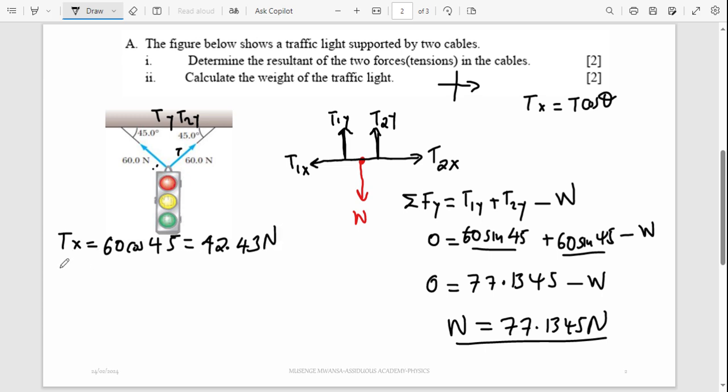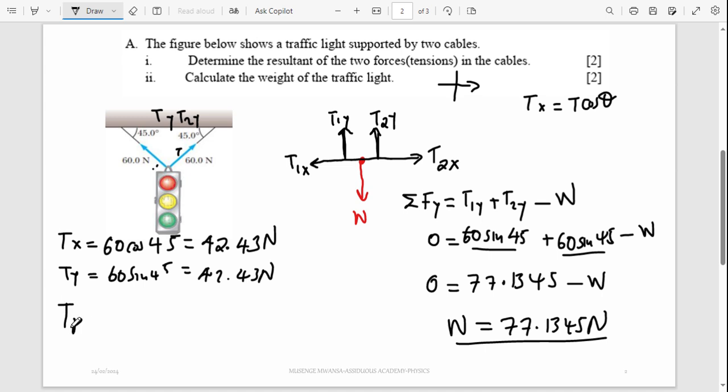Let's find Ty. The y component is going to be 60 sine of 45, and that is going to give us also the same answer, 42.43 newtons. So to find the resultant, we need to find the resultant in the x and the resultant in the y.